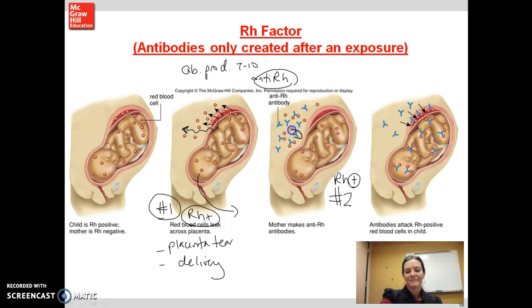Because these antibodies are actually small enough to cross through the placenta. We said that blood cells don't really cross through the placenta, but these anti-Rh antibodies are typically small enough to cross that placenta, which means that these antibodies are going to start to bind to the baby's Rh positive blood cells. You can see that in this figure here.